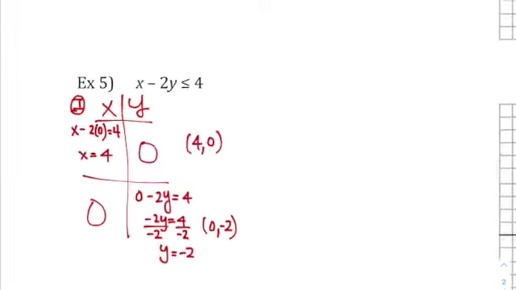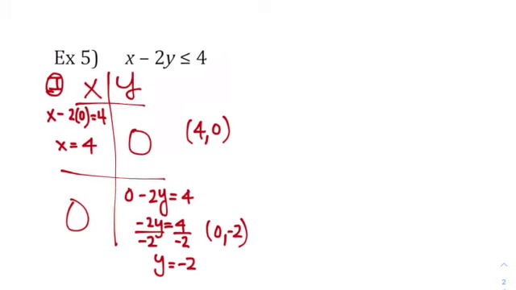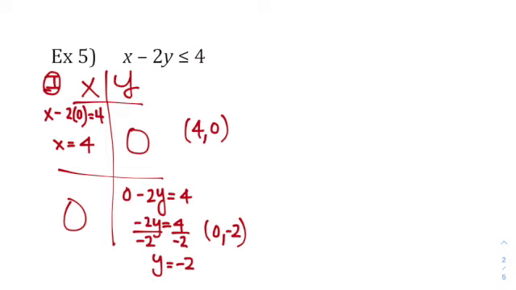Okay? Now, some of you actually realize, hey, if I just cover them, when y equals 0, that's gone, x equals 4. And when x equals 0, solving for y, you can see it's negative 2. If you want to do it fast instead of showing the work in the little box, you are more than welcome to, because if you guys were in person, I would literally just cover it and graph it for you. So that's the first way, okay?